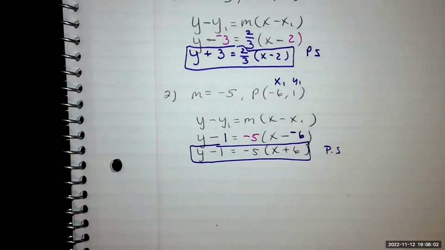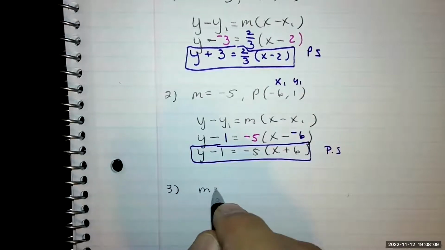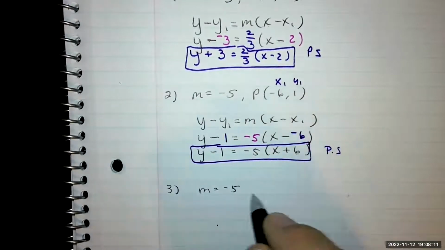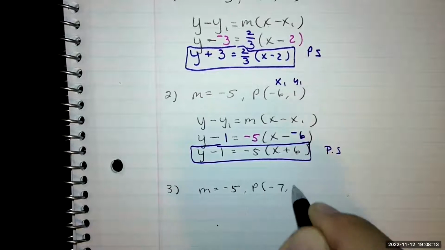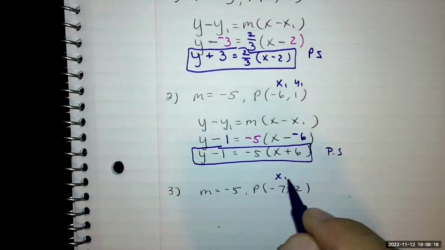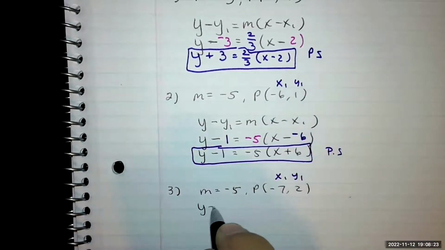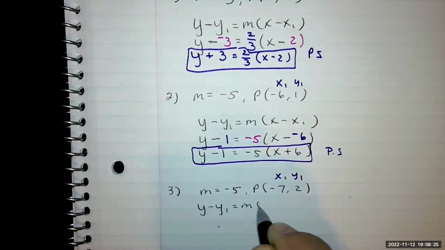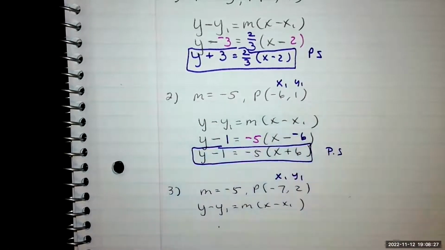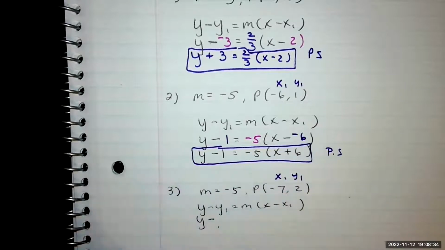All right. So we're going to number 3. This time the slope is -5. My point is -7, 2. I'm going to label my X1, Y1. I'm going to write down my point slope. So that's going to be a Y minus. My Y1 is a 2.